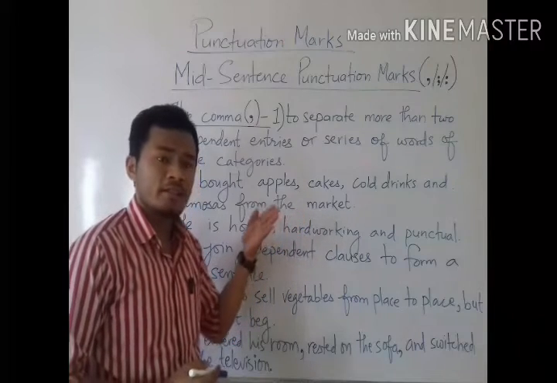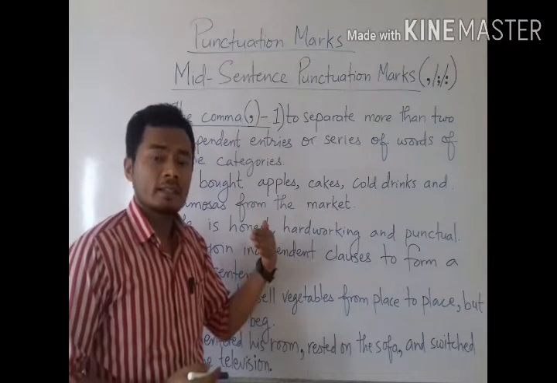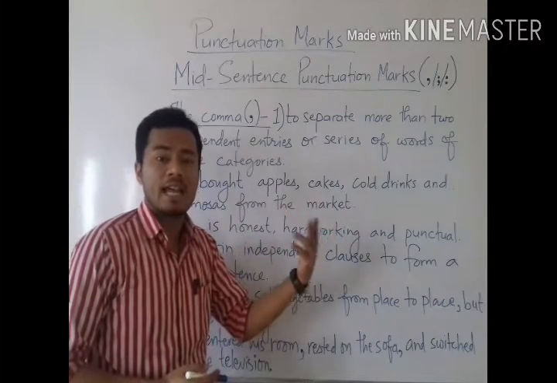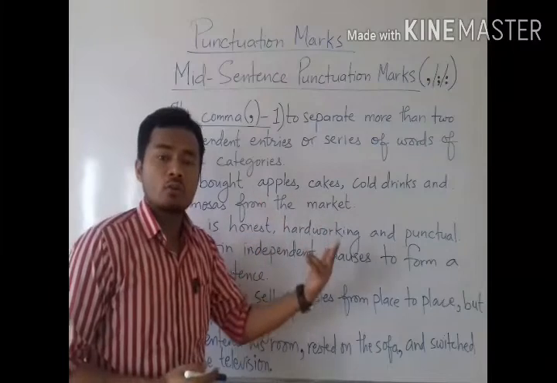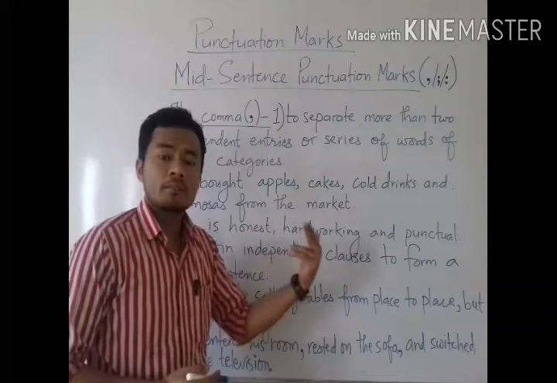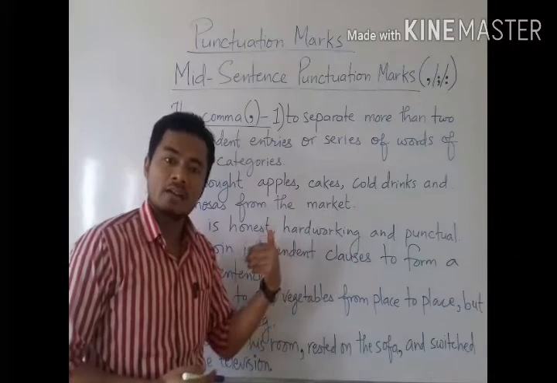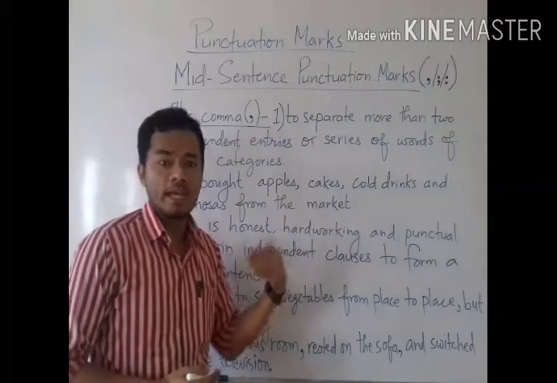So see, comma is used until the last two words are left at the end, because the last two words are joined by the conjunction and or or before we end them.